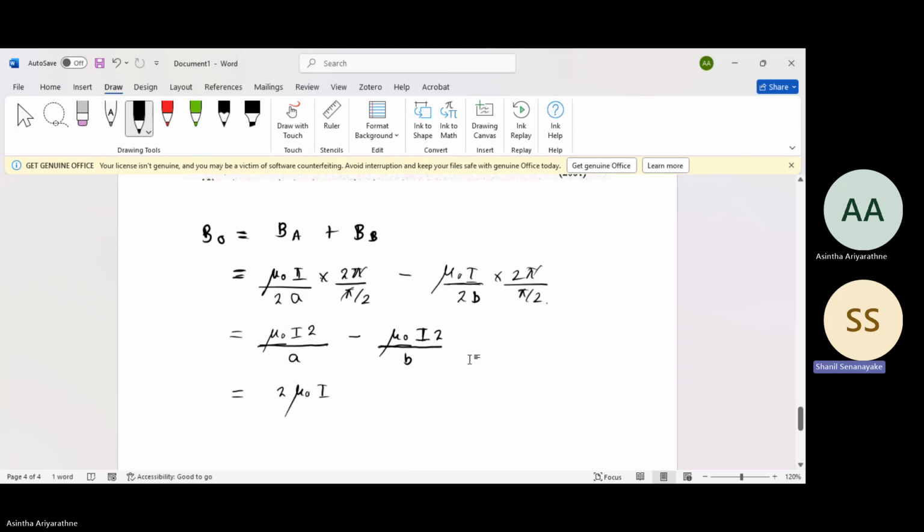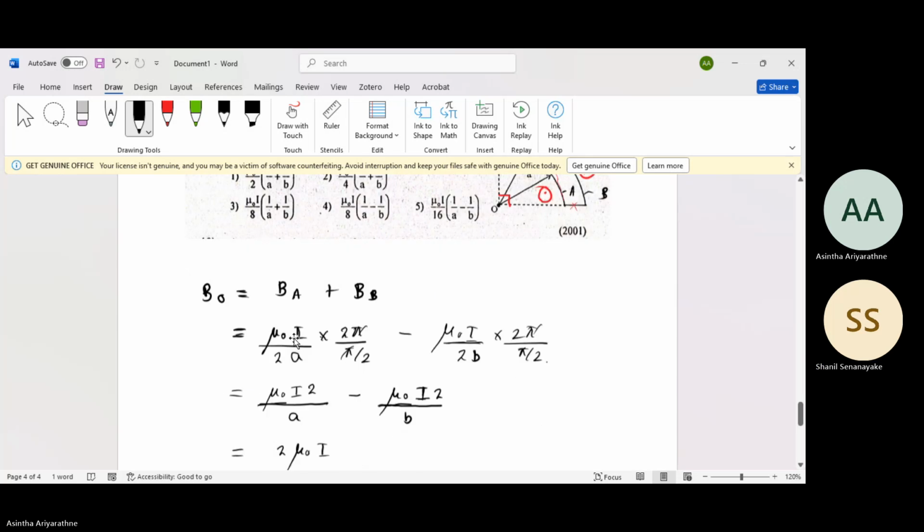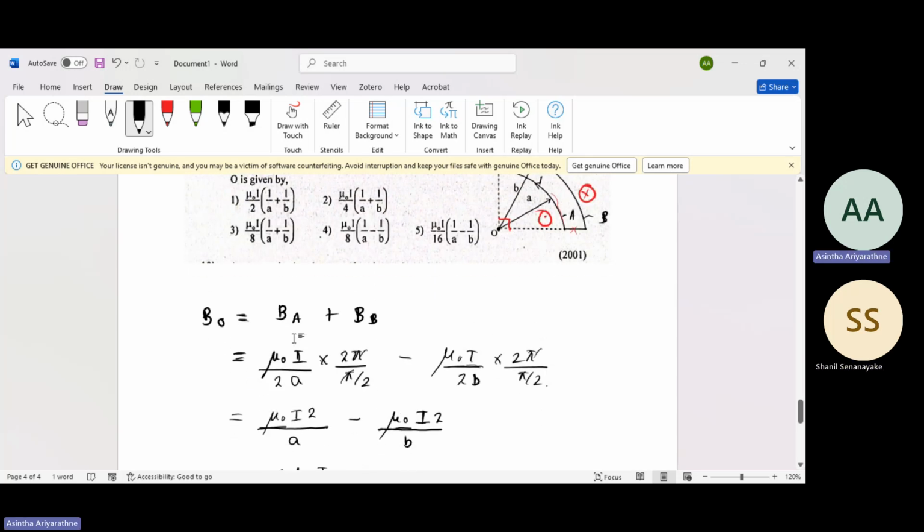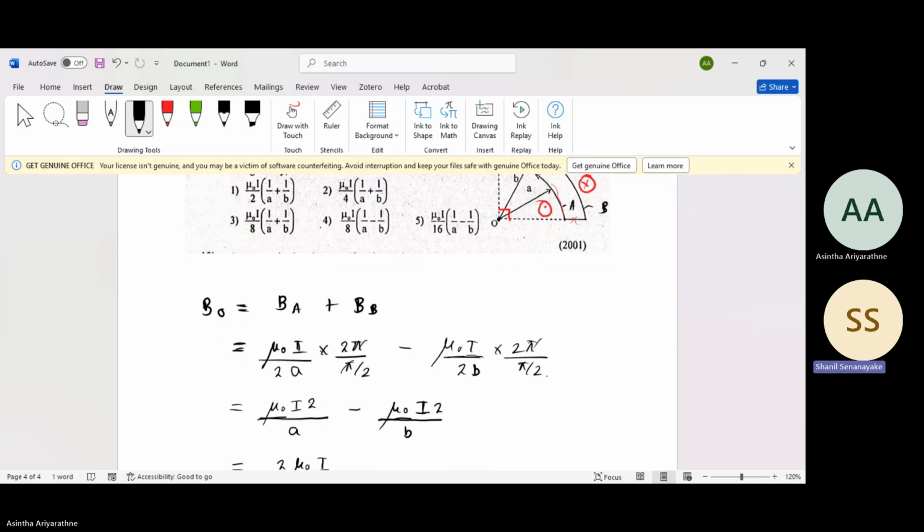So sir, for this we use the normal equation, no? Normal equation means the magnetic field at the center of a circular shaped current carrying conductor. Yes, that's the equation, mu naught N I over 2R.